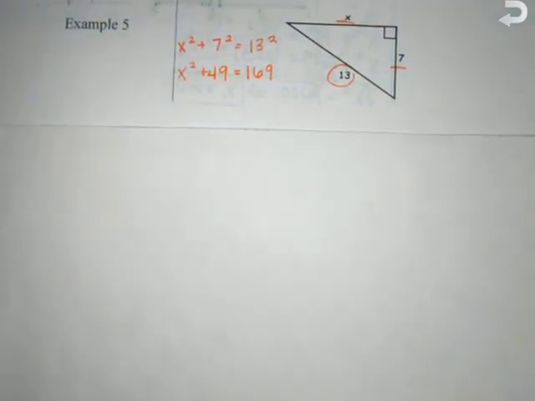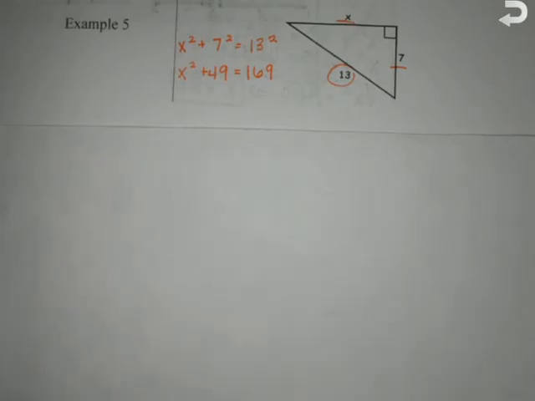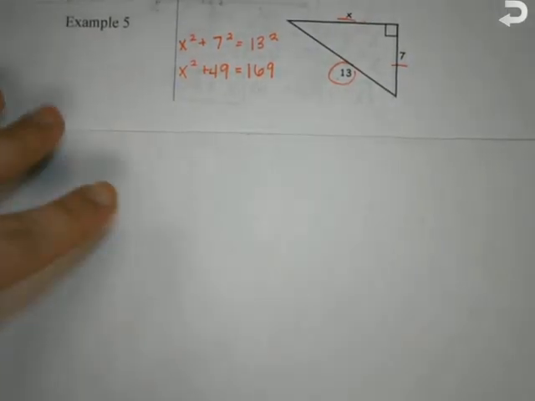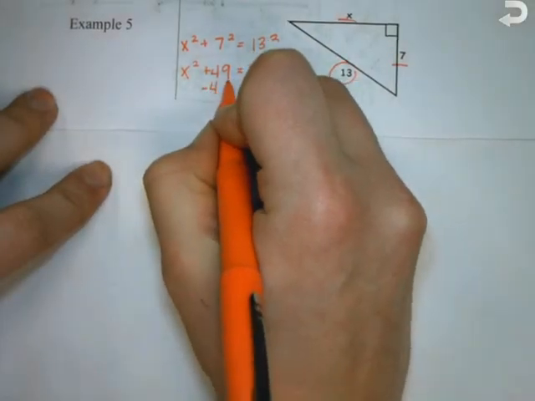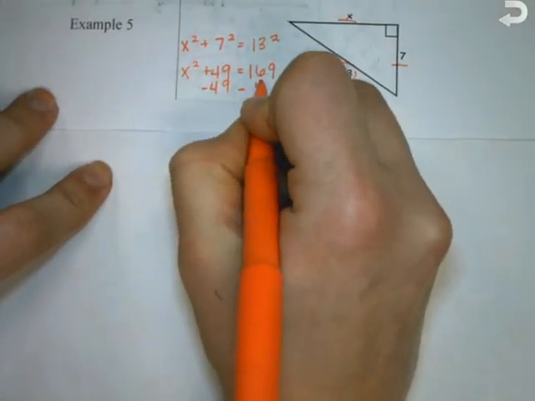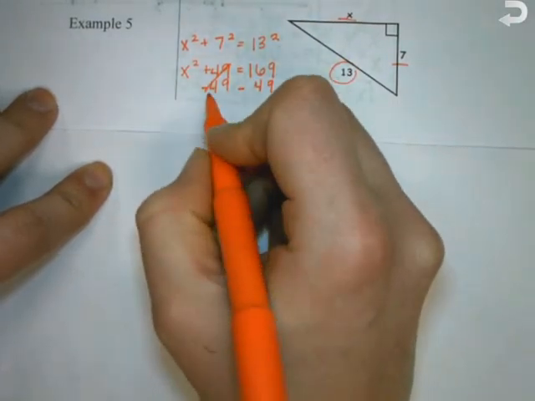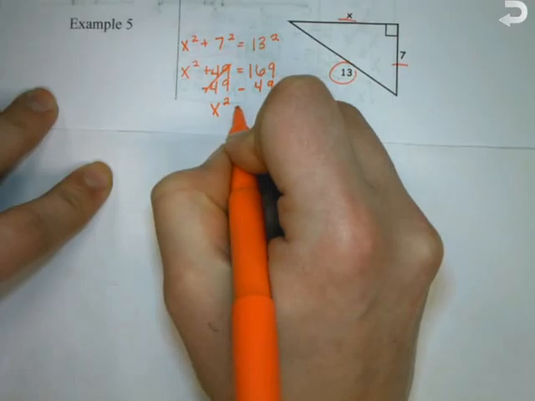Lily, what's my next step? Good, thank you. I could barely hear you because some people were talking. Okay, so we subtract 49 from both sides, so that gives me x squared equals 169 minus 49, 120, right?